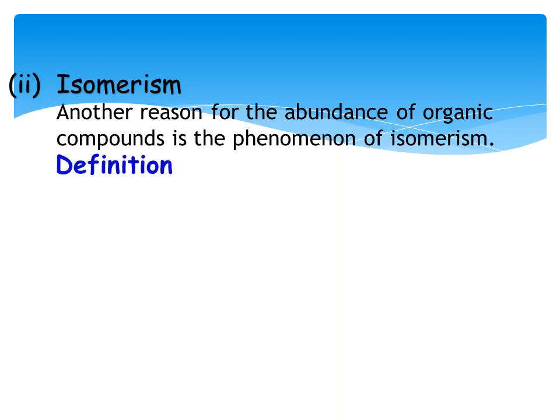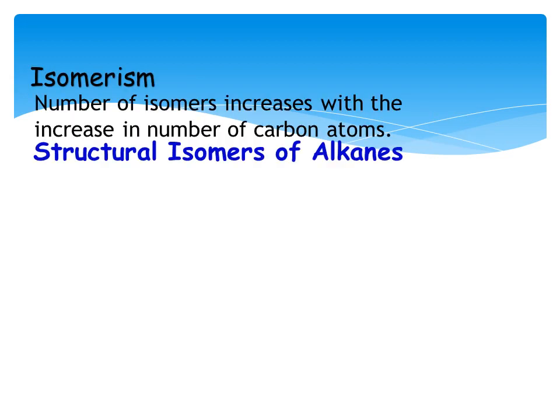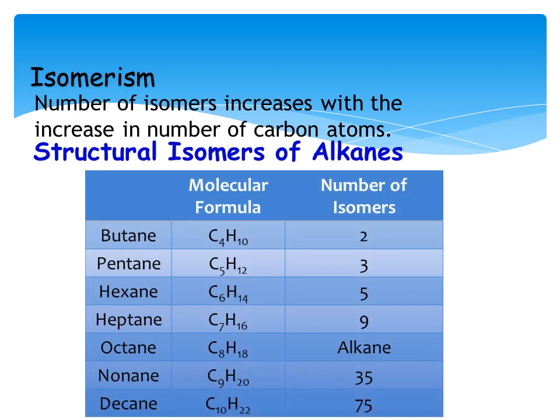The second most important phenomenon which helps to give such an abundant amount of organic compounds is isomerism. Isomers are compounds which possess the same molecular formula but different arrangements of atoms or different structural formulas, and the phenomenon is called isomerism. When the number of carbon atoms increases, obviously the number of isomers also increases.